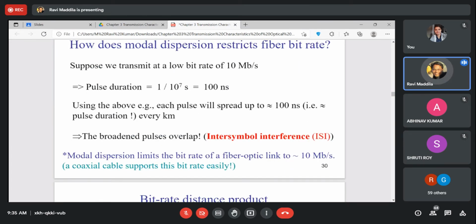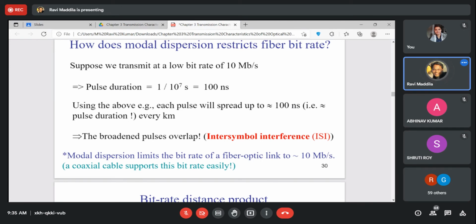Good morning. So modal dispersion limits the bitrate of a fiber optic link to 10 Mbps. This is a common value for multimode fibers.